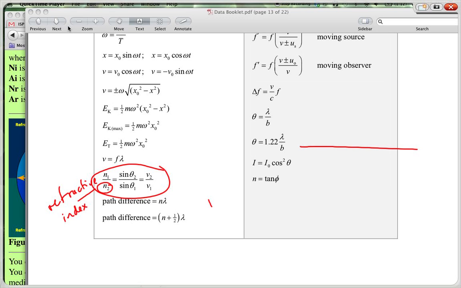For a vacuum and also air, we say that our N is equal to 1. Our refractive index is equal to 1. And the velocity of light in air, we give the symbol c, and that's about 3 times 10 to the 8 meters per second, or about 300,000 kilometers per second.